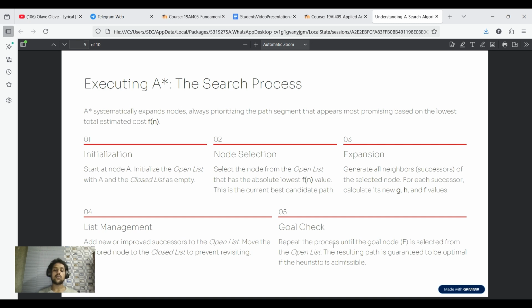Move the explored nodes to the closed list to prevent revisiting. The final step is goal checking. Repeat the process until the goal node is selected from the open list. The resulting path is guaranteed to be optimal if the heuristic is admissible.